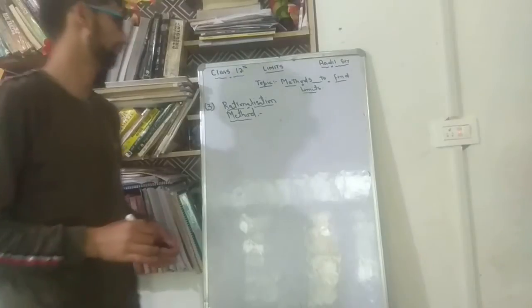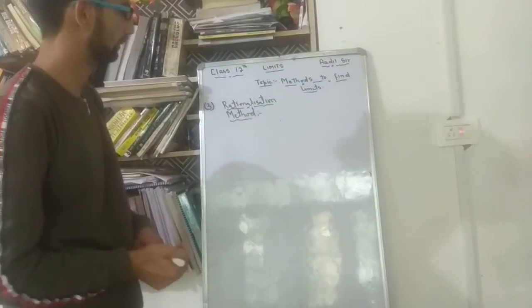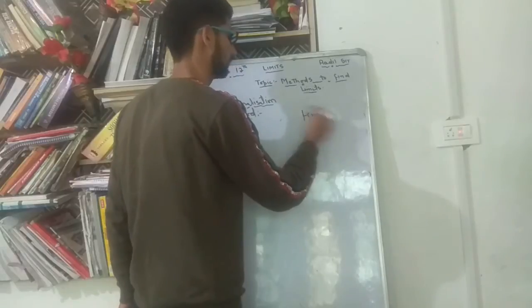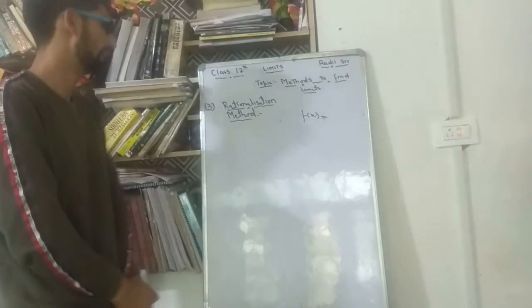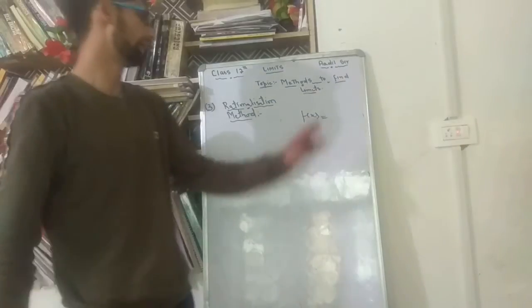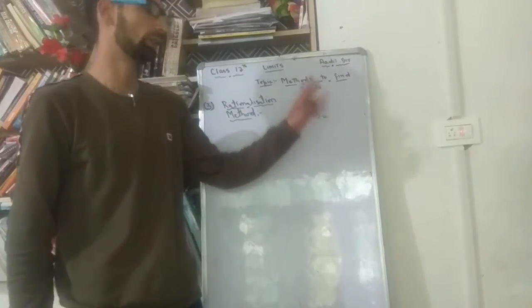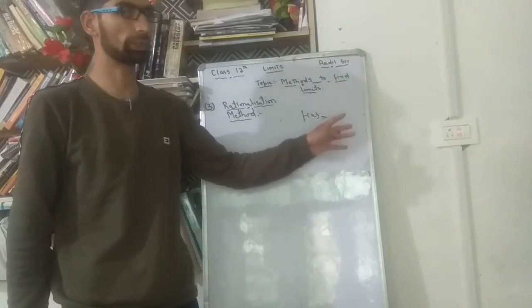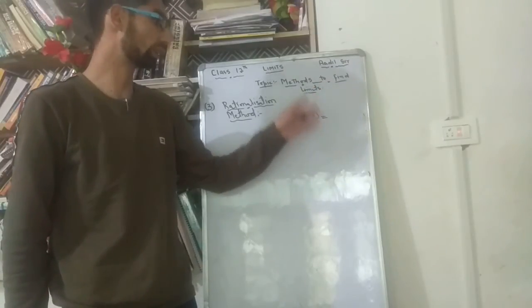If we have a given function, for example f of x, in the rationalization method we are multiplying both the numerator and denominator by the conjugate.